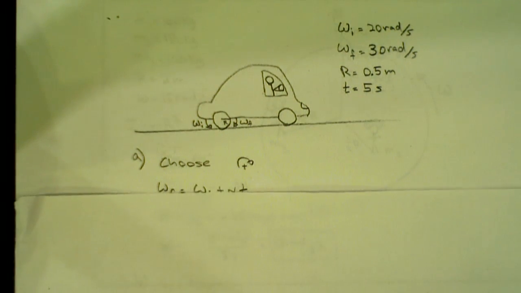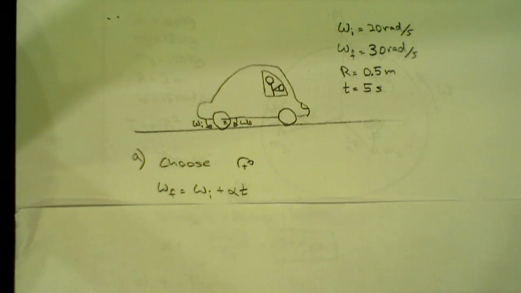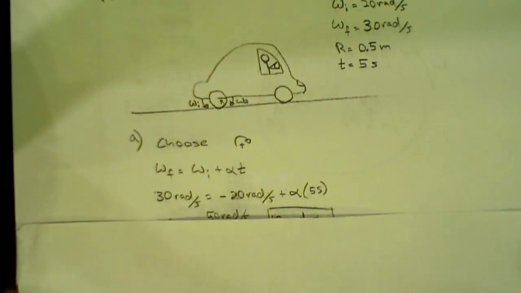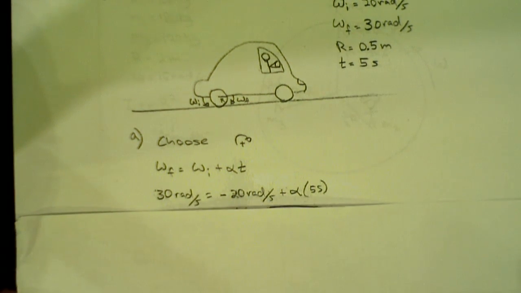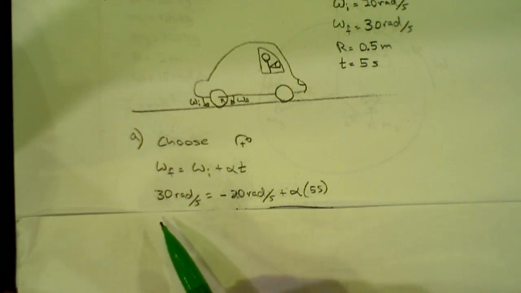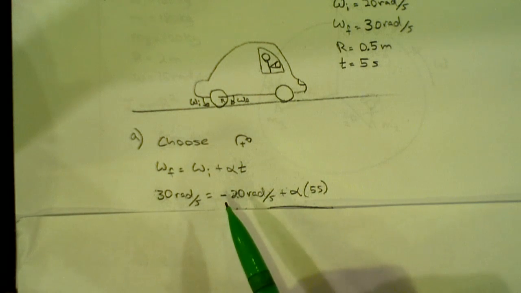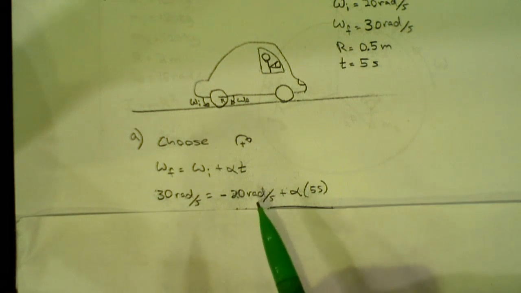All right, so we start with our kinematics equations. We have omega final equals omega initial plus alpha t. And then we plug in our variables. As you see, the final is 30. And something to note is that the initial angular velocity is negative 20 radians per second.